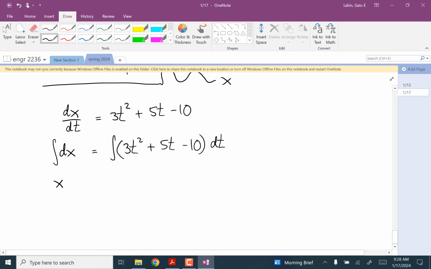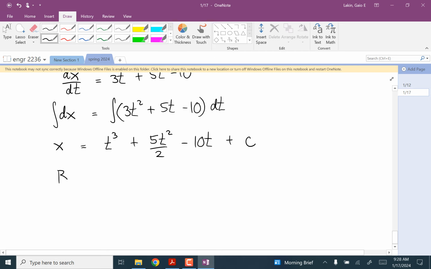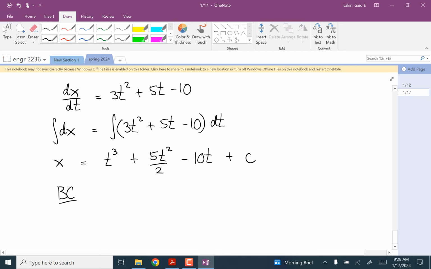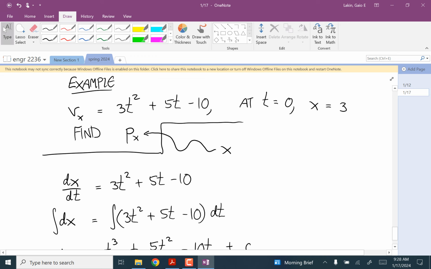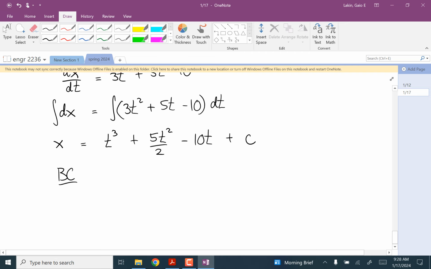And you get that x is equal to t cubed plus 5t squared over 2 minus 10t plus your one constant of integration. And now we can use the boundary condition that says set t equal to 0 and set x equal to 3.